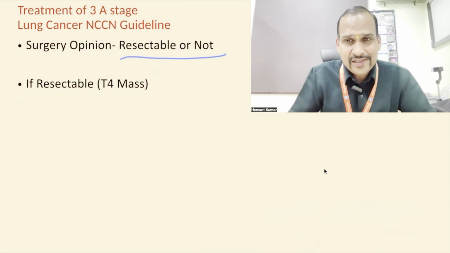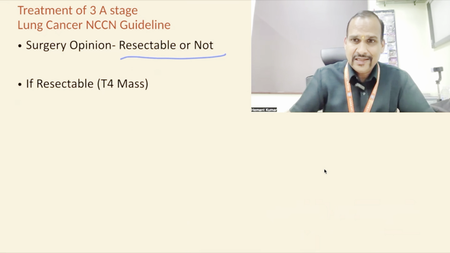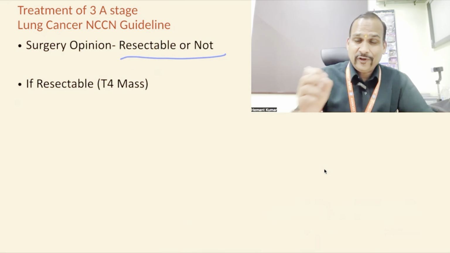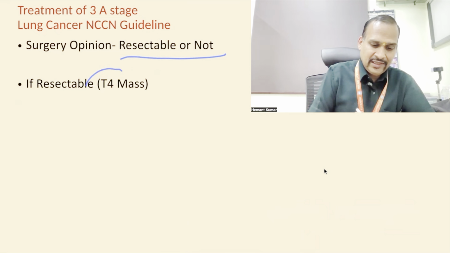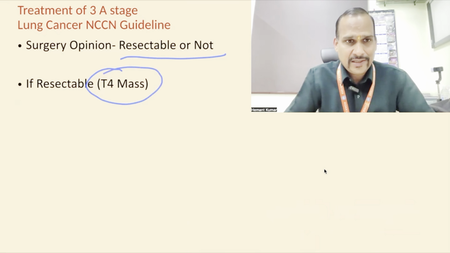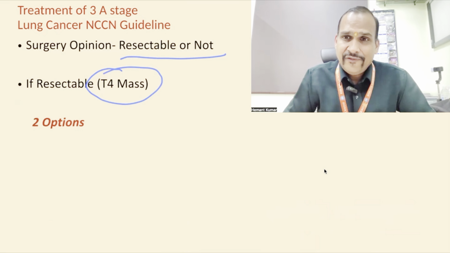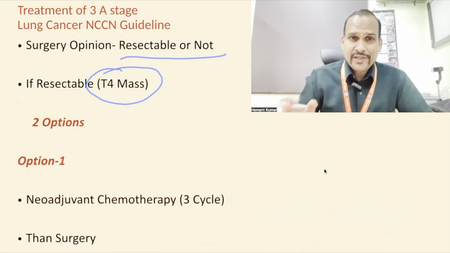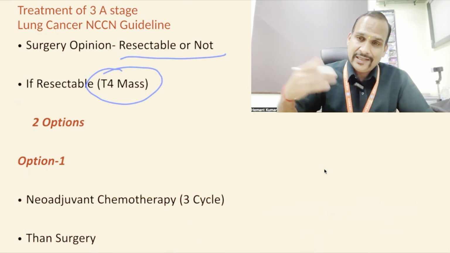It depends on patient condition, surgeon skill, tumor size, and many things. He has to decide whether tumor is resectable or not. If tumor is resectable in this patient with T4 mass, there are two options: whether the surgeon wants to do surgery now or later on.